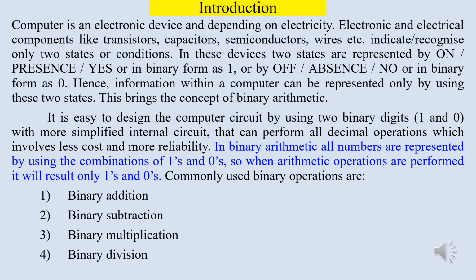So when arithmetic operations are performed, the result will be only 1s and 0s. Commonly used binary operations are number 1, binary addition, number 2, binary subtraction, number 3, binary multiplication, and number 4 is binary division. We will discuss one after another in detail with their way of operations and explain with suitable examples.